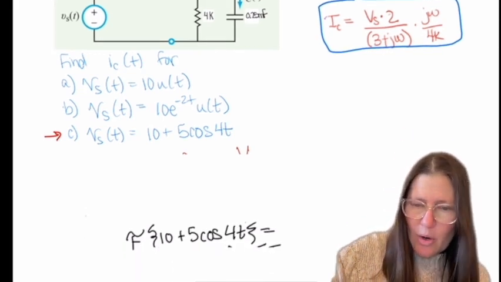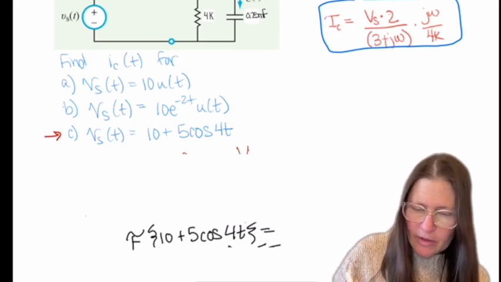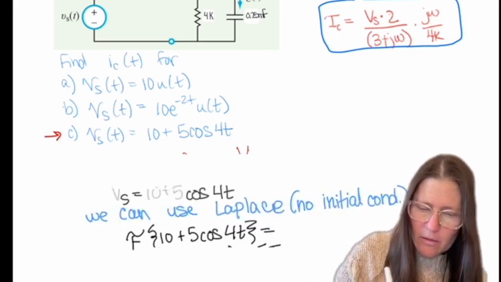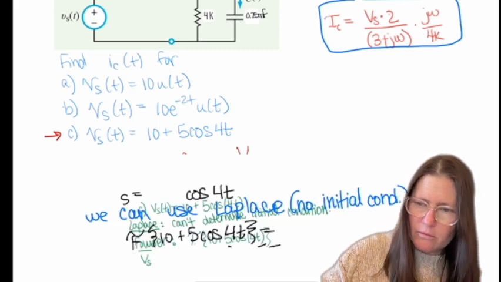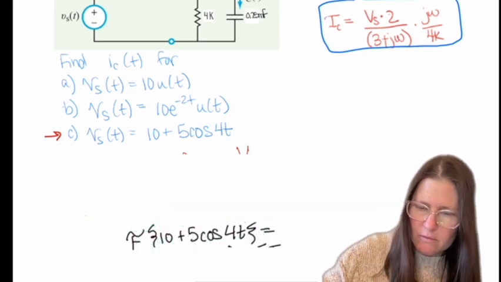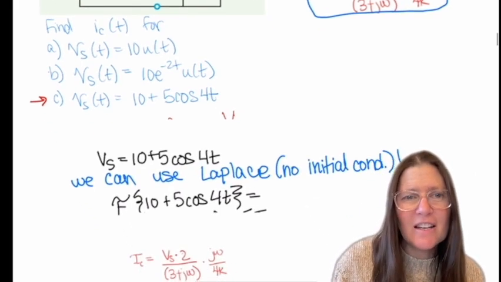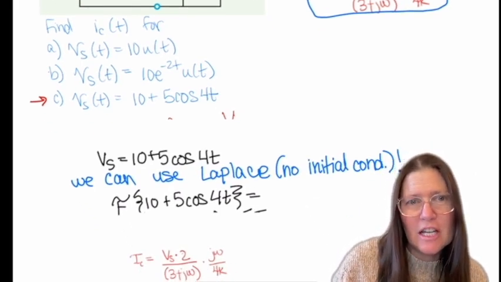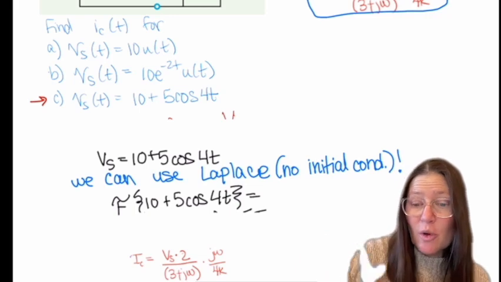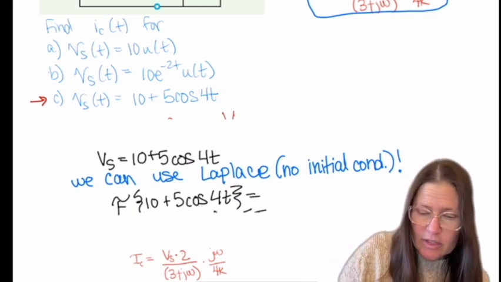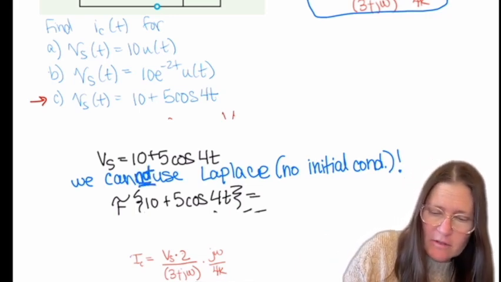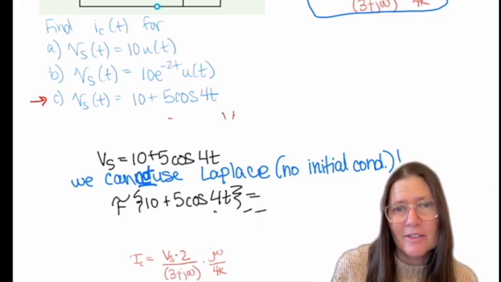Okay, 10 plus 5 cosine 4t. We have to note that we cannot use Laplace because there are no initial conditions that we can get from that.